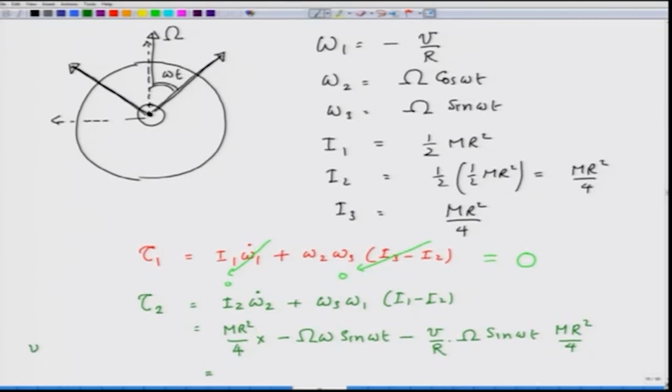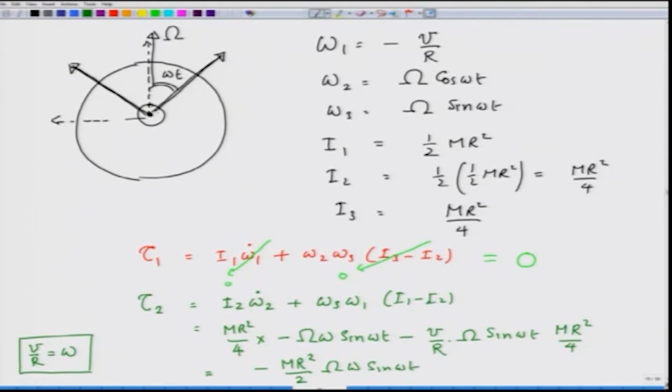Since v over r is omega, we get this to be equal to minus m r square by 2 capital omega omega sine of omega t. That is my tau 2.